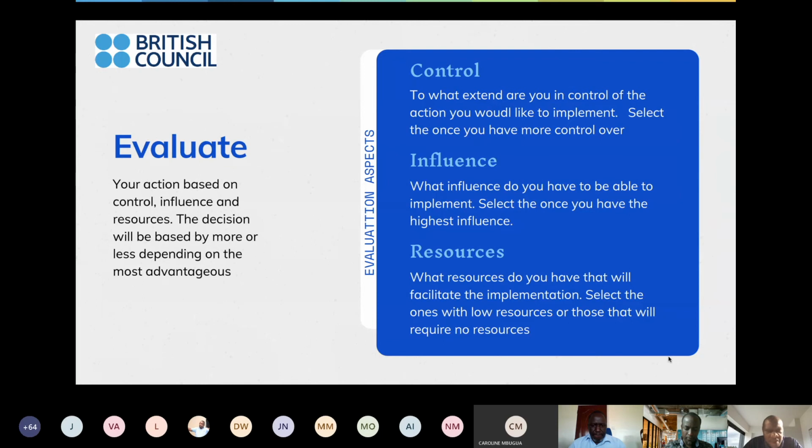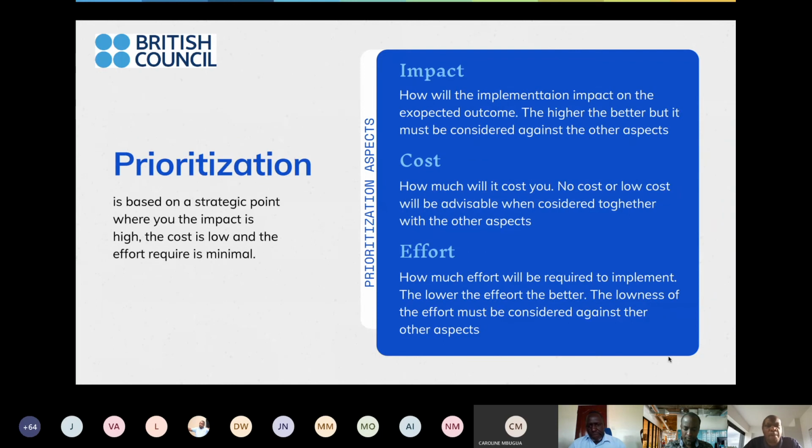So the next thing which we want you to do is to prioritize. Looking at the ones which you have underlined, which one has the highest impact? Which you think, if I do this, it is going to bring my goal. I'm going to achieve what I like to do. Which one do you think will cost you very little, or there will be no cost at all?